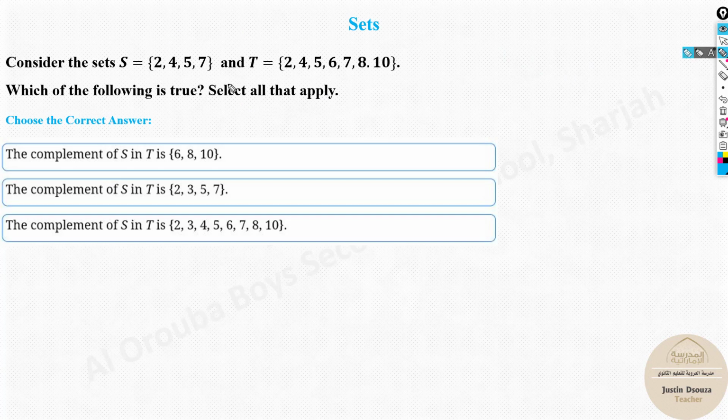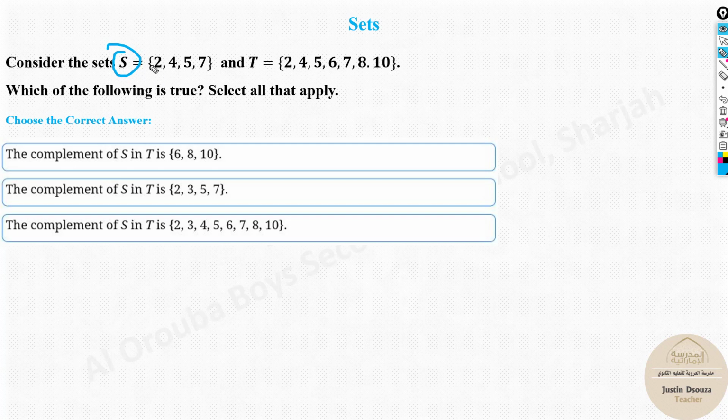If I have to say a complement of S, it depends: complement of S in T, in another set. You're comparing these two. So now we are comparing the complement of S in T. Which are the numbers that are not there in S that exist in T?